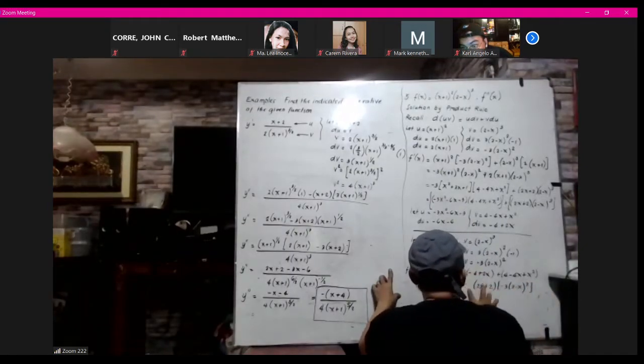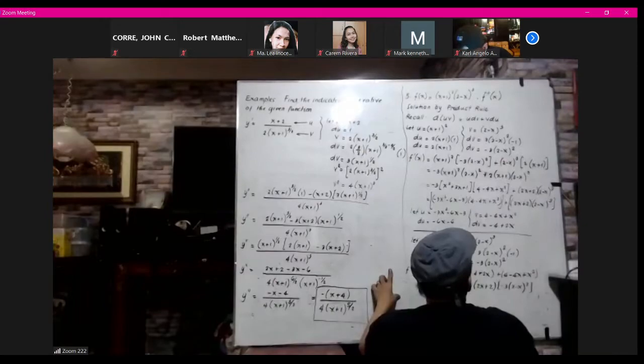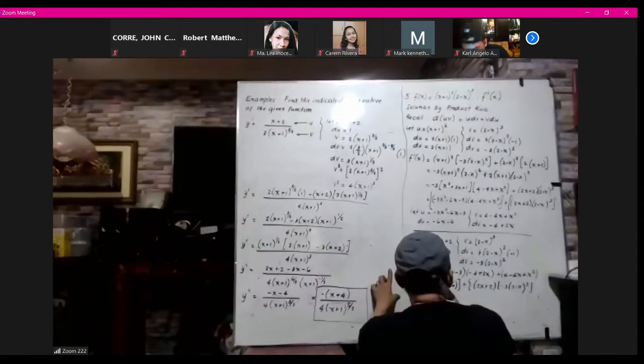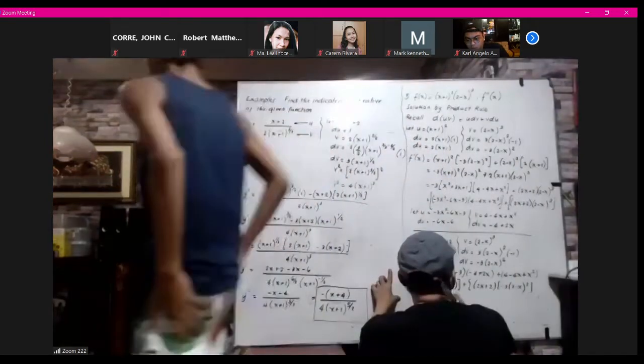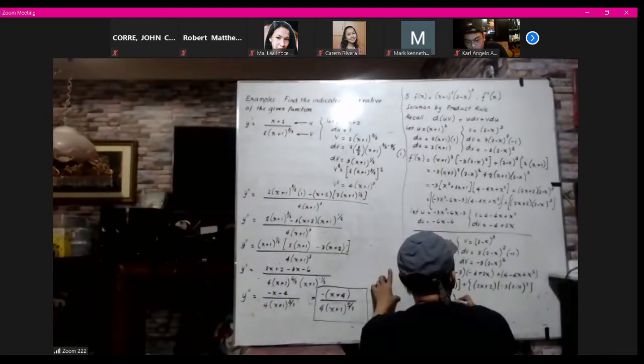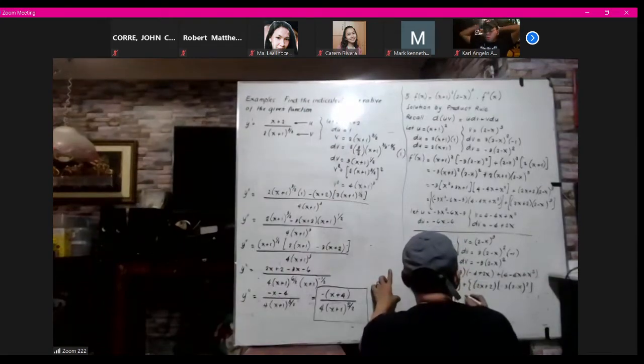Okay. So, lagyan natin ng braces na to. Okay. Next, sumunod. Okay. Plus v. Ano yung v natin? That is equal to (2 minus x) cubed. Then, how about du? Ang du natin ay 2.